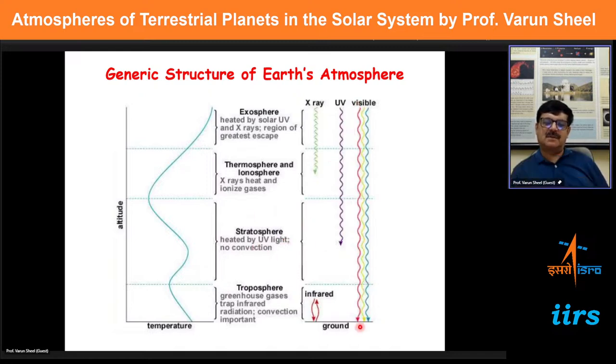Visible light comes much lower, to the lower atmosphere. Here it is affected by the greenhouse gases, and the infrared radiation is trapped. You have very rapid motions, which we call convection. This is the Earth's atmosphere, and it protects us from X-rays and UV.